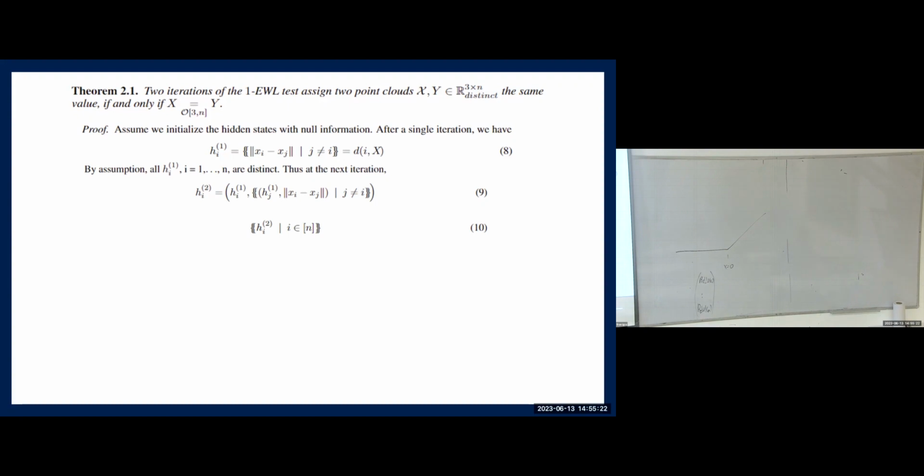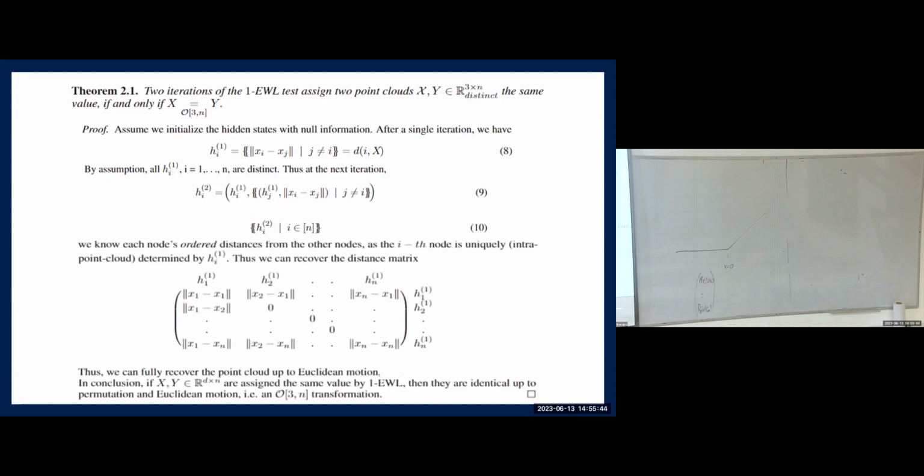So in the next iteration, for each hidden state, we know the distance from the origin hidden state to each neighbor hidden state. So each node has actually an ordered list of distances to its neighbors.